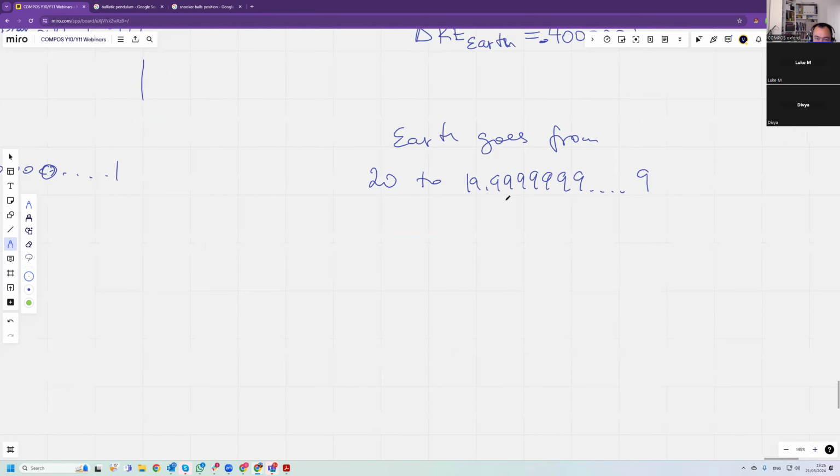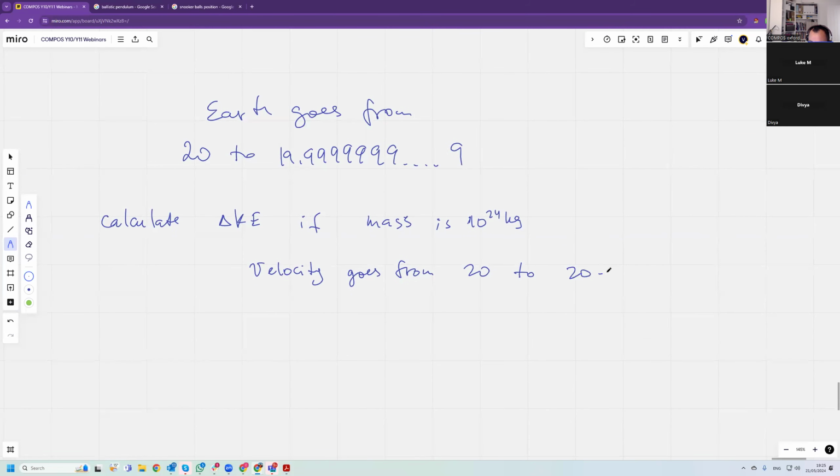Okay, so as an exercise, calculate the change in kinetic energy if the mass is 10 to the 24 kilograms and the velocity goes from 20 to 20 minus 10 to the power of minus 21. So this is the initial velocity, this is the final velocity, which is very close.